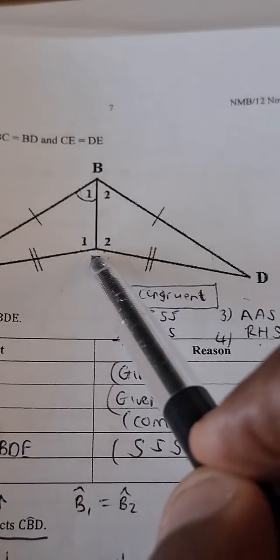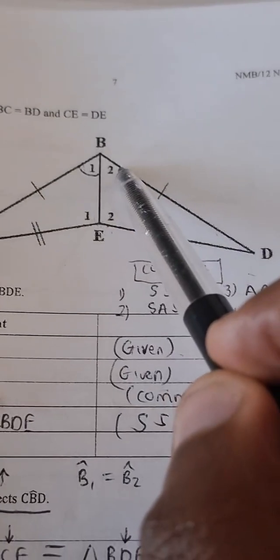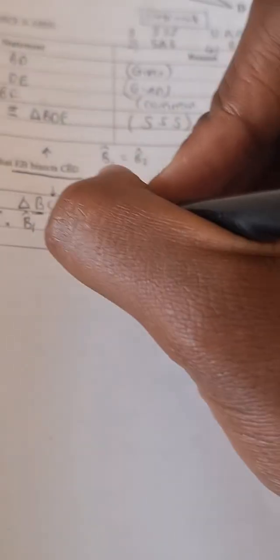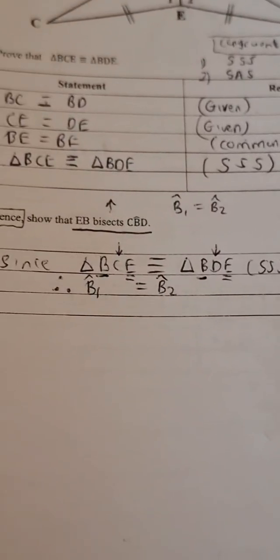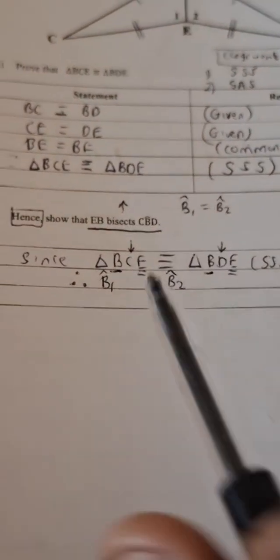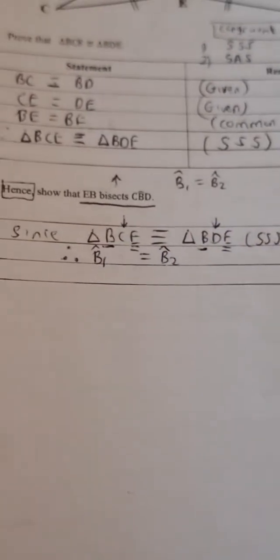BDE, what angle is that? Isn't that angle B2? Guys, it is. So that means angle B1 is equal to angle B2.